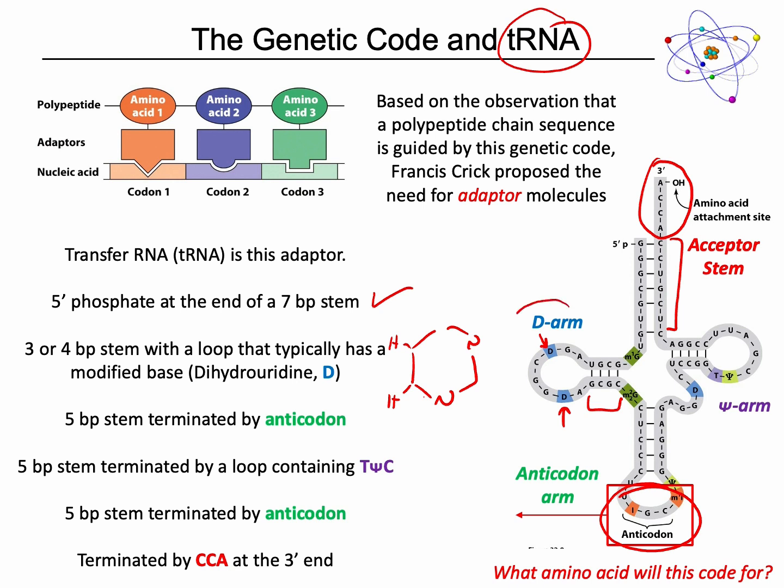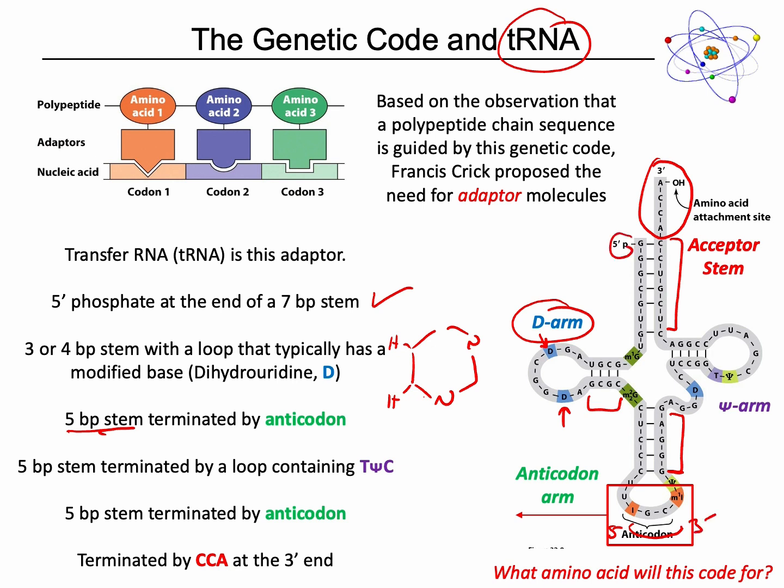Okay, so the D arm is named because of the presence of dihydrouridine. We then have a 5 base pair stem. So this is our anticodon loop. It's 5 base pairs, and then this kind of large loop at the end of it that contains the anticodon. I point out here that the anticodon is going in the 5' to 3' direction, right?